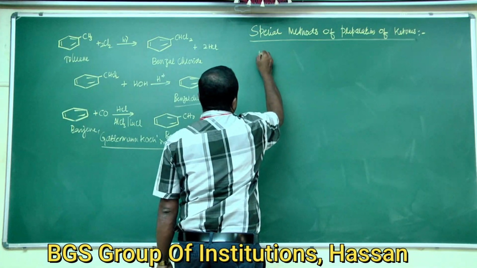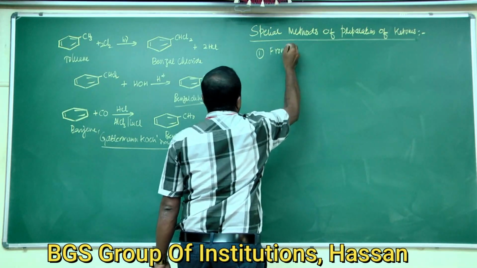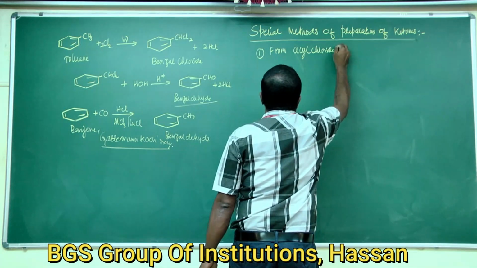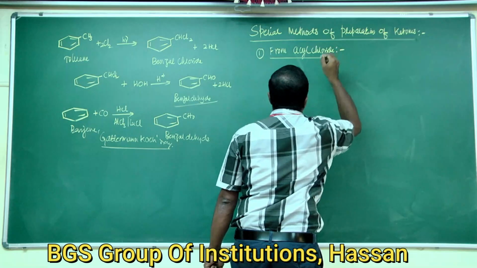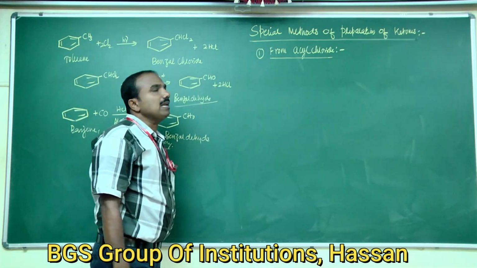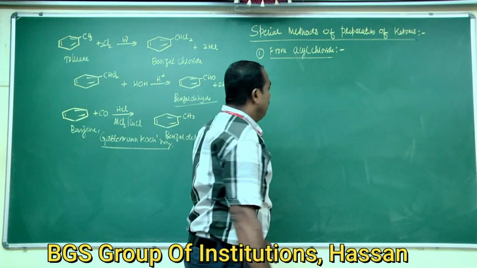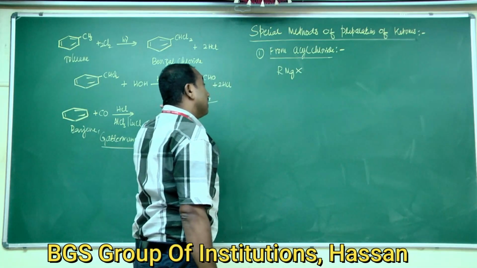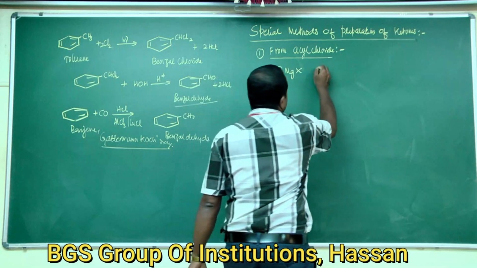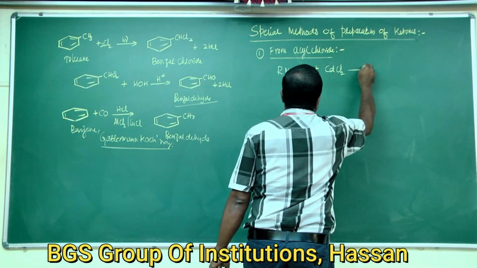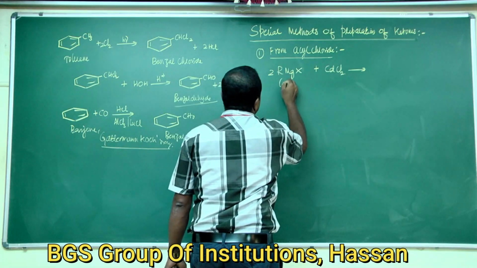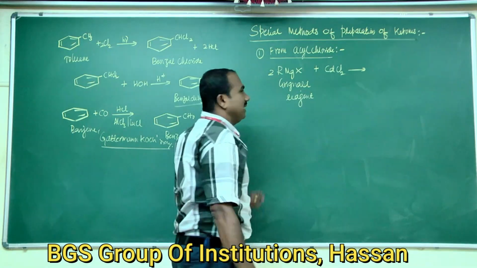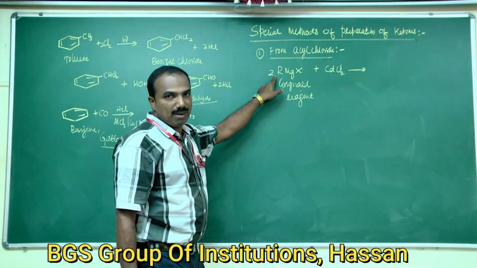One such method is from acyl chloride. When a Grignard reagent is treated with cadmium chloride: the Grignard reagent is an alkyl magnesium halide denoted by RMgX.